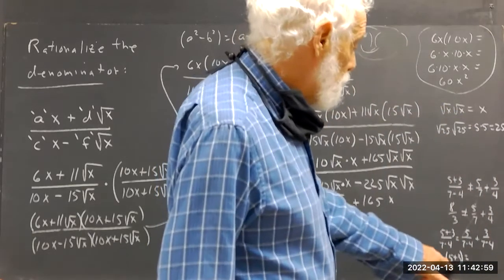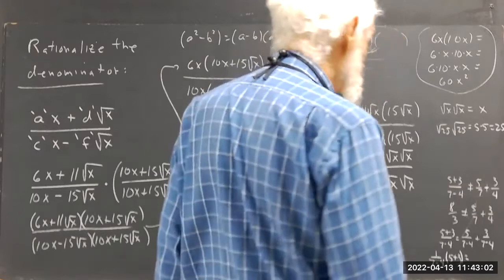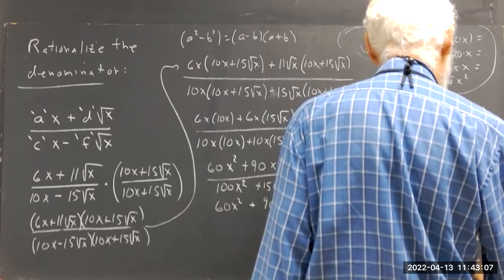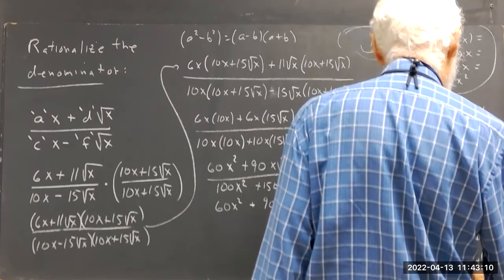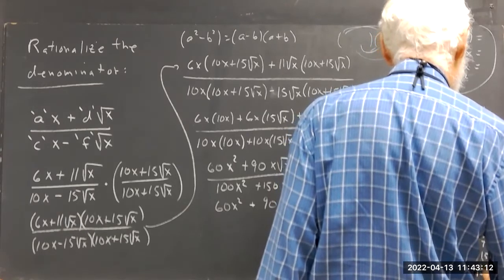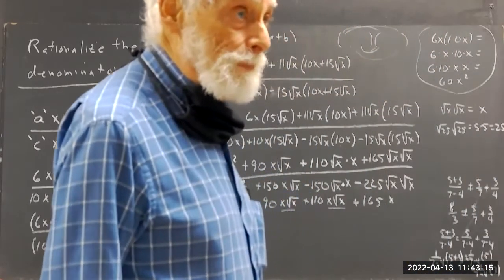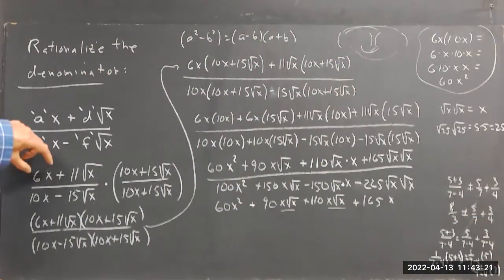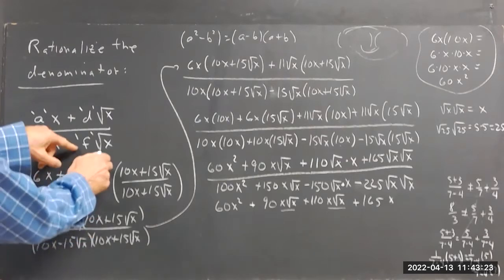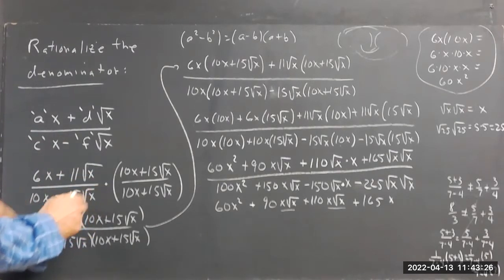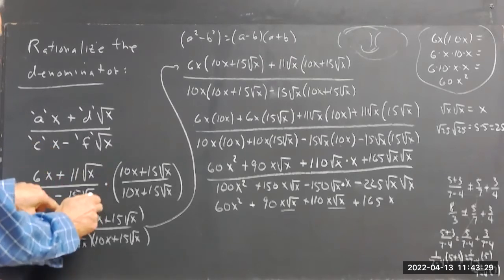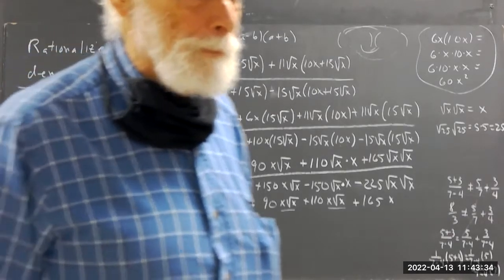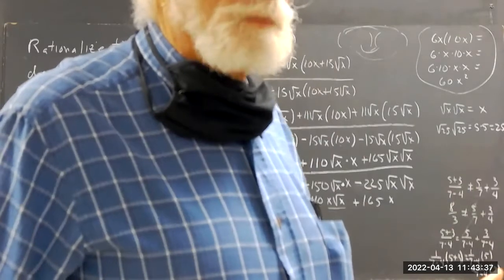Okay, 1 over 7 minus 4 times 5 plus 3 by the distributive law is 1 over 7 minus 4 times 5 plus 1 over 7 minus 4 times 3. That would be valid. So over here, it would be valid to say that this is 6x divided by all of this plus 11x divided by all of this. But it's not 6x divided by this plus 11 squared of x divided by 15 squared of x, or negative 15 squared of x, okay? That doesn't work. It's not justified by the distributive law.